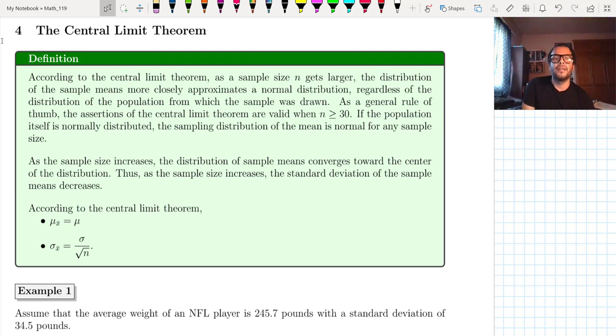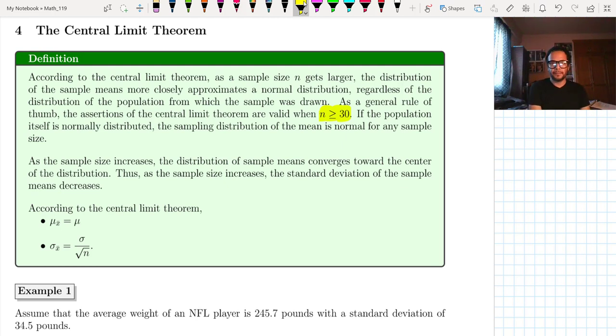Okay, so now what are the restrictions in order to use the central limit theorem? Well, the number one restriction here is that the sample that we take is larger than 30 elements, or 30 or more.